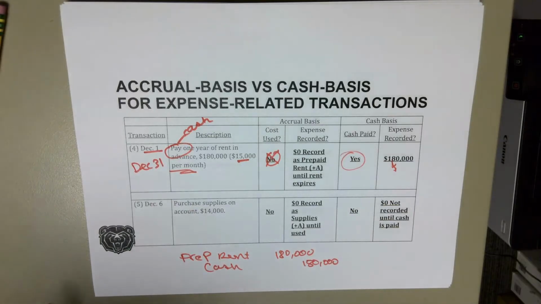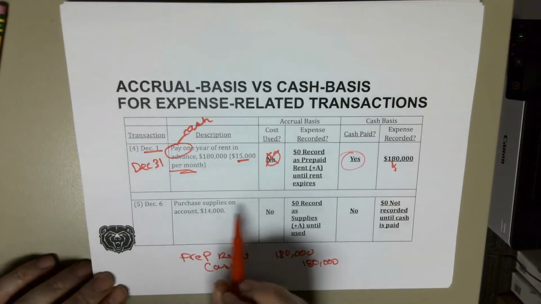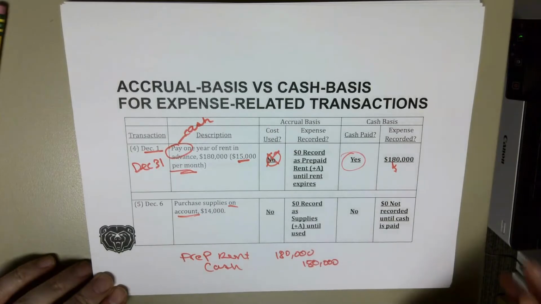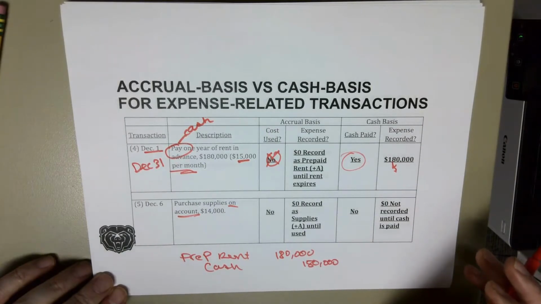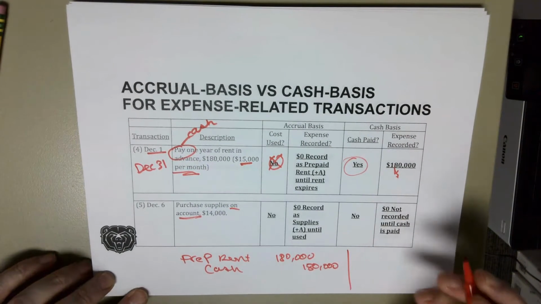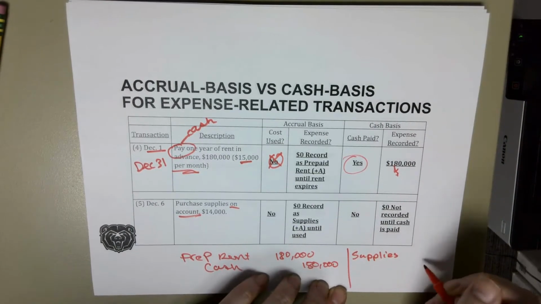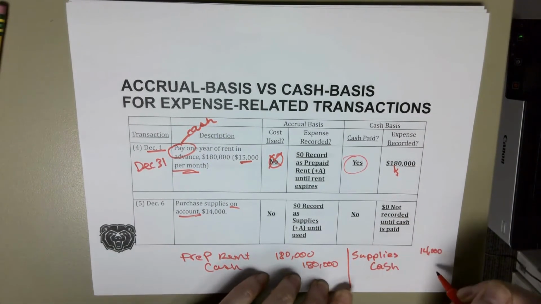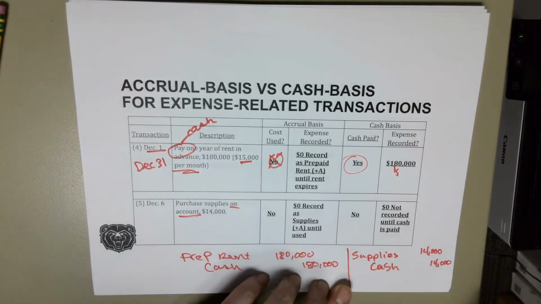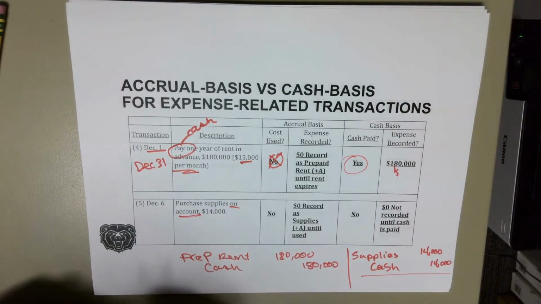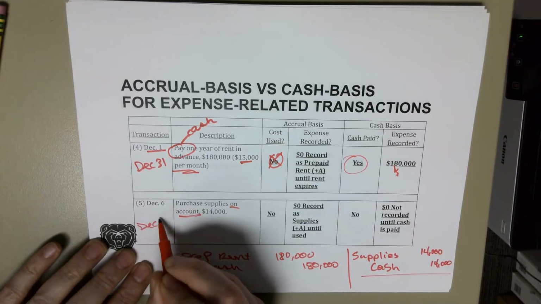So transaction number 5, we purchased supplies on account for $14,000, okay? So again, what's happened? Well, we've purchased supplies, so we've increased our supplies account, and we've increased our liabilities. Notice there is no expense here yet, because we're not going to have any expense until December 31st, and we will recalculate.